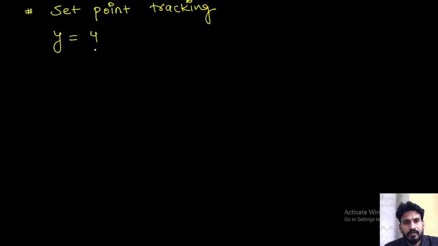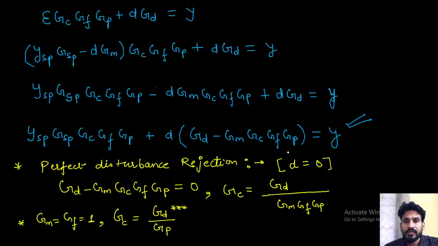By using the second condition, which means set point tracking. Set point tracking means that my output should be the set point. So this is my equation, guys. It is clear.